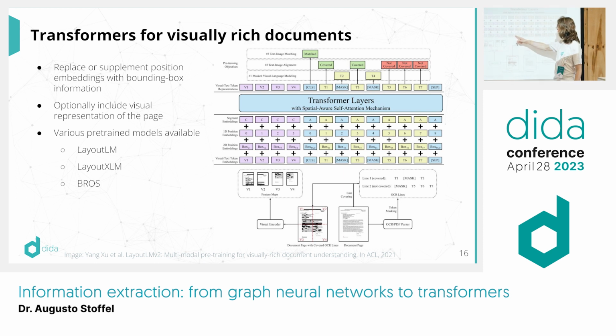These things in the diagram are the token embeddings of the words in our document, and they actually add some 1D position encoding from some linearization of the text, but importantly, there are now these 2D position encodings, which just tell you where the bounding box of that word is.